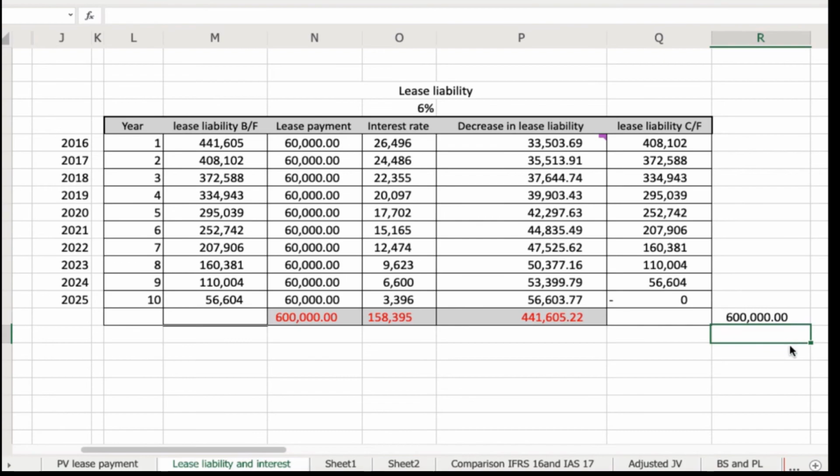This plus this must equal this. So let's make the control, the interest plus the lease liability.